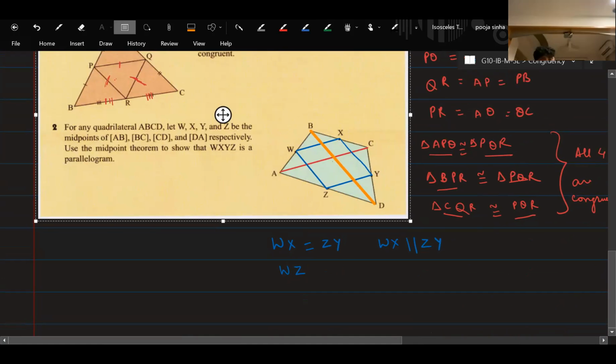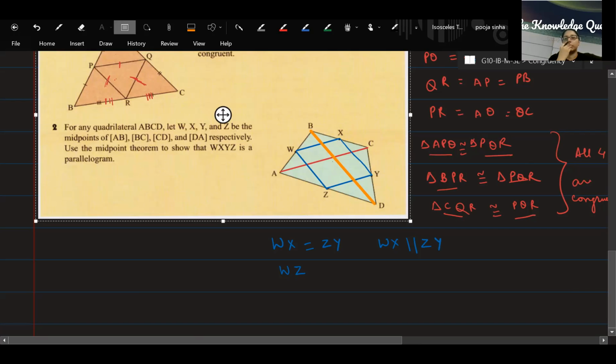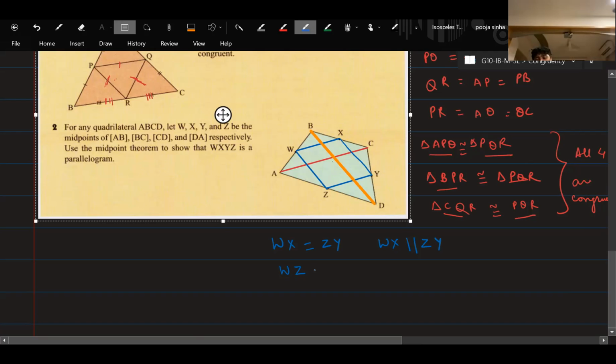So line WZ is equal to half of line BD, and line WZ is also parallel to line BD. And in the same way, what about XY? Line XY is parallel to line BD, and line XY is half of line BD.